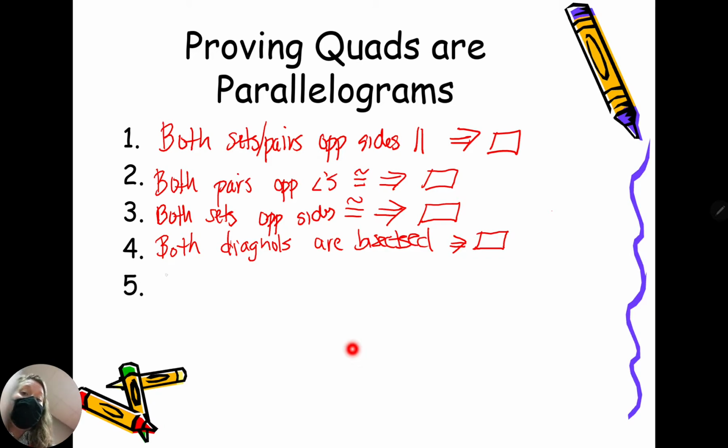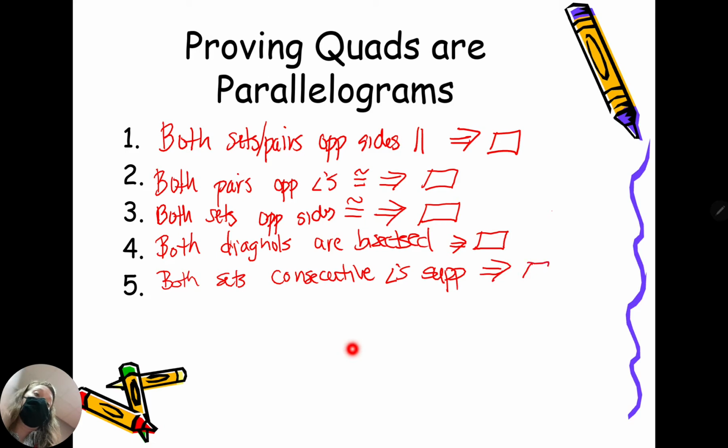If both sets of consecutive angles are supplementary, we have a parallelogram.